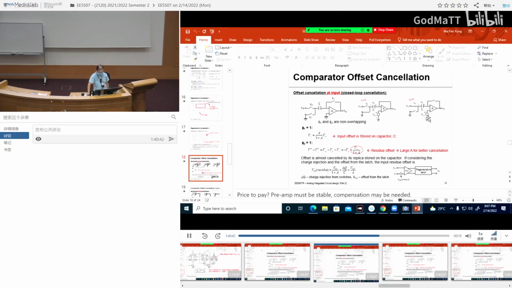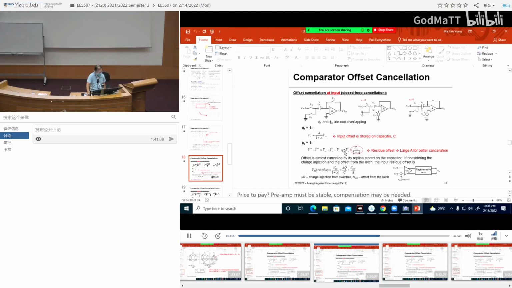Or, if you look at it from here, since this is the positive input, this value is VOS. And what is this value here? It is Vin plus VC, which is Vin plus A over 1 plus A times VOS.